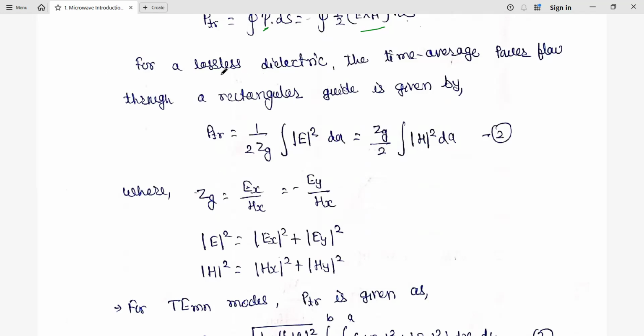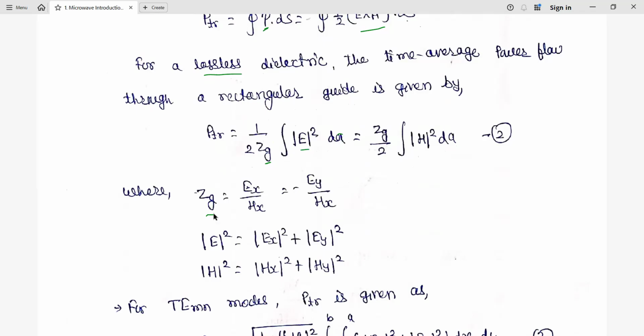In case of a lossless dielectric, the time average power flow through the rectangular waveguide is given as 1 by 2 ZG, where G is for the waveguide, times the integral of modulus of E square dA. Or in terms of the magnetic field, it is ZG by 2 times the integral of H square with respect to dA.